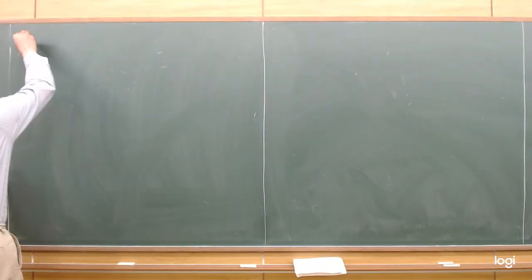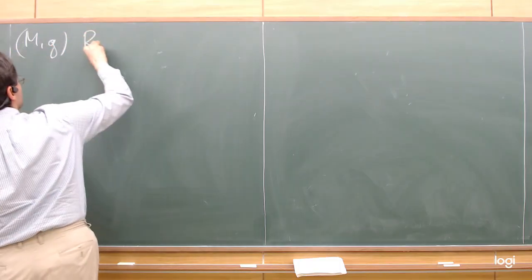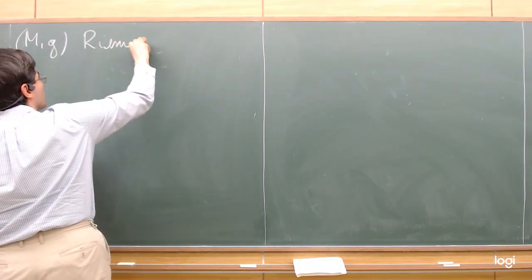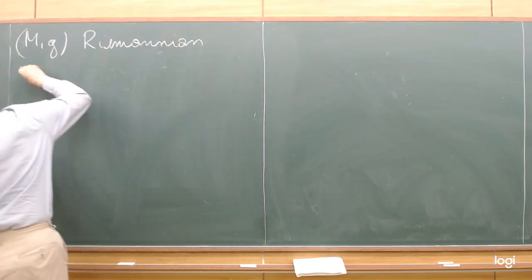So suppose that (M, g) is a Riemannian manifold.